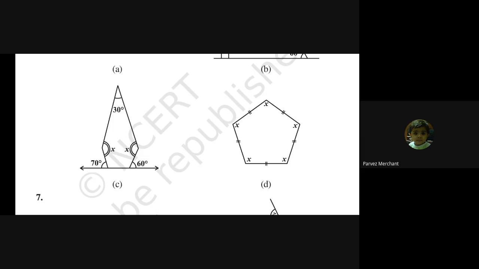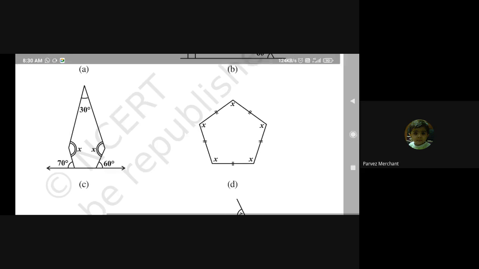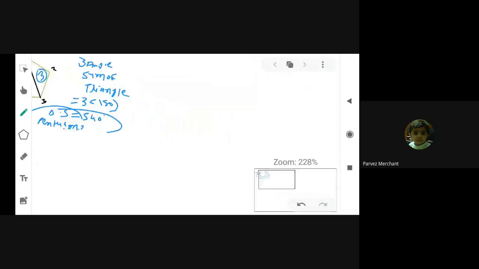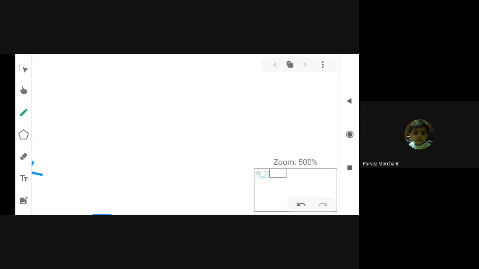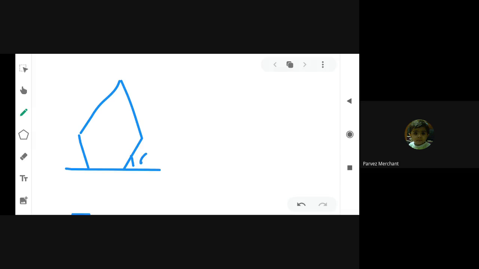The interior angle of 60 is 120 degrees because interior plus exterior is 180. Yes or no? Do you remember? Yes. Then the exterior angle 70 degrees means the interior is 110 degrees. We have to find the value of x, and here 30 degrees is given.